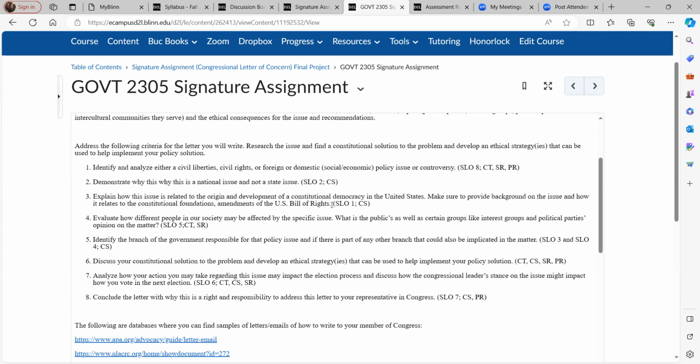And then, of course, you could give background on the issue and how it relates to the constitutional foundations, amendments to the U.S. Bill of Rights. You could also talk a little bit about the rights that some of these immigrants might have, or things like that.